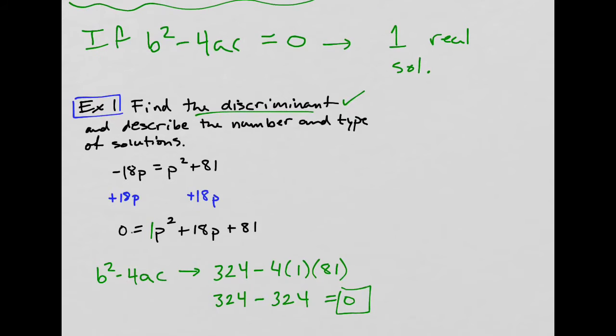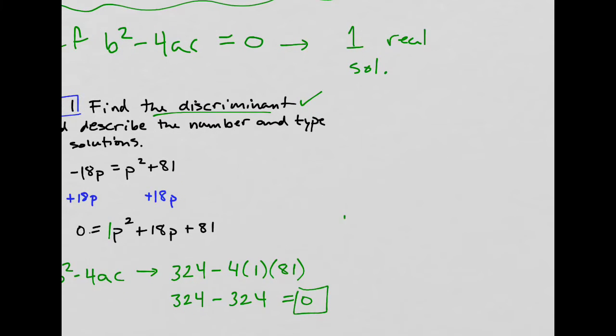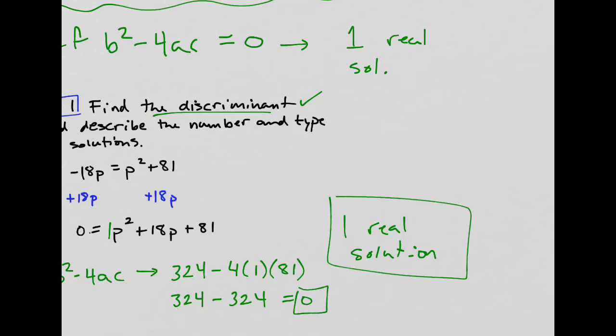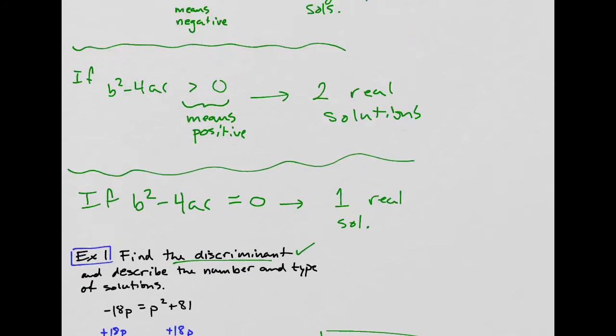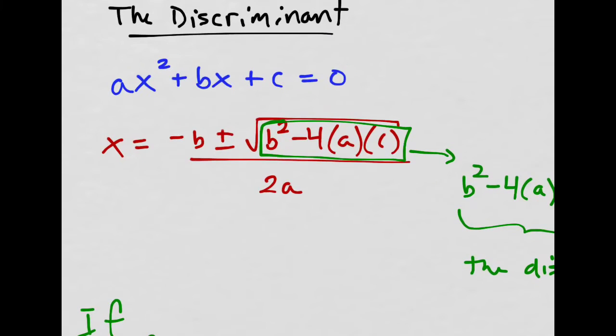And describe the number and type of solutions: one real solution. That happens because in the quadratic formula, if this is 0, then I'm not adding or subtracting anything. I only have negative b divided by 2a. That's just one number. Hopefully that makes sense.